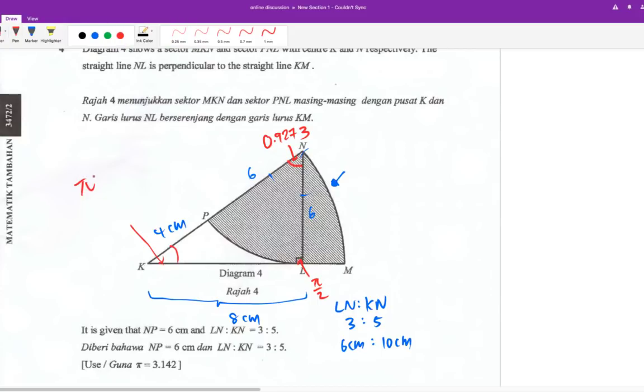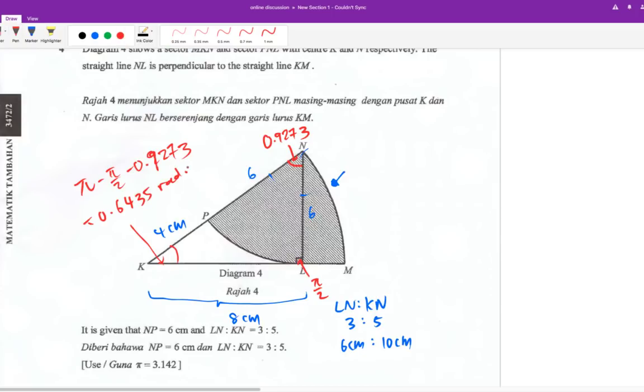So I can find this angle over here. 180 is pi, minus pi over 2, minus 0.9273. Then I can get the angle easily here. So I can get the angle is 0.6435 radian.